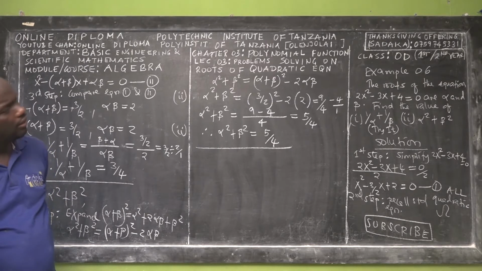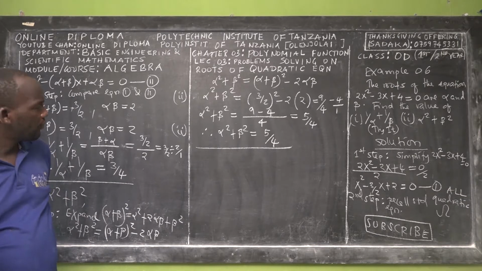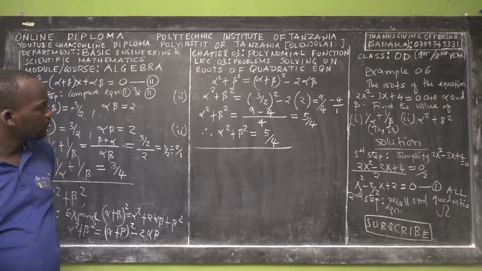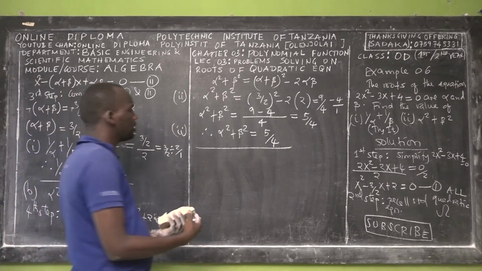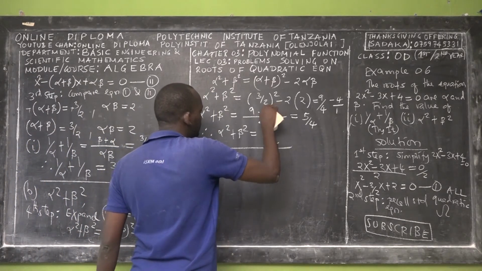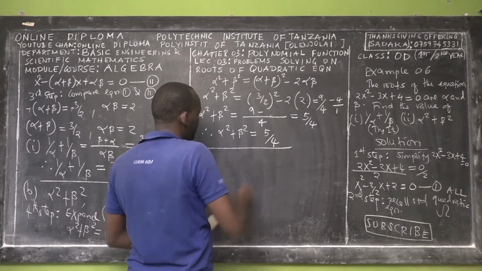9 over 4 minus 4 over 1. The LCM is 4. 4 over 4 is 1, times 9 is 9. Minus 4 over 1 is 4 times 4. Excuse me, so this is 16. I made a mistake here.